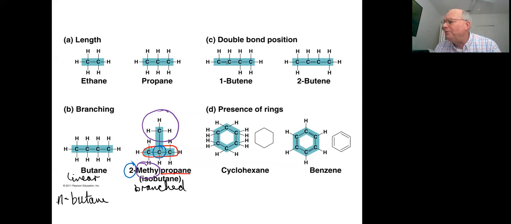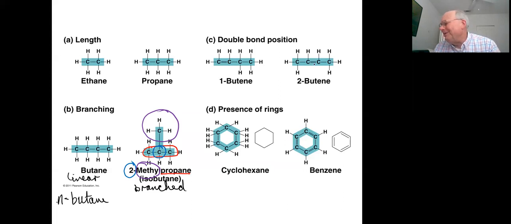So if we number 1, 2, it means that the double bond is between carbons number 1 and 2, rather than numbers 3 and 4 if we put it down here, or we've numbered from 1, 2, 3, 4 in the opposite direction. So we call this 1-butene, indicating that the double bond starts at carbon number 1 and connects to carbon number 2.